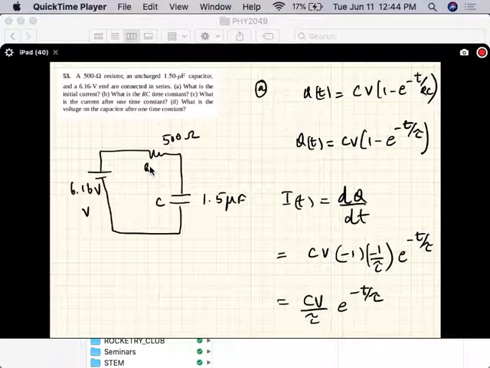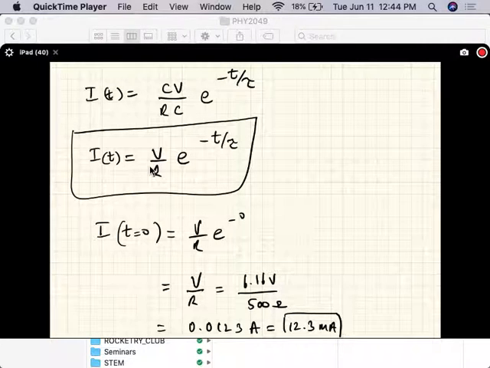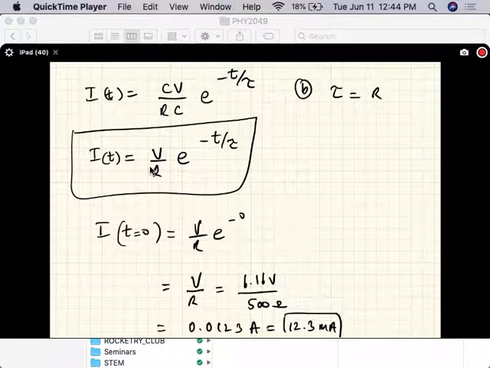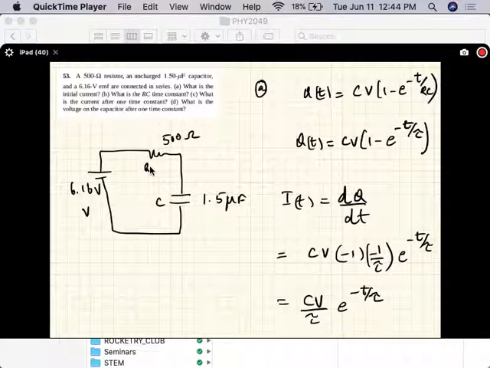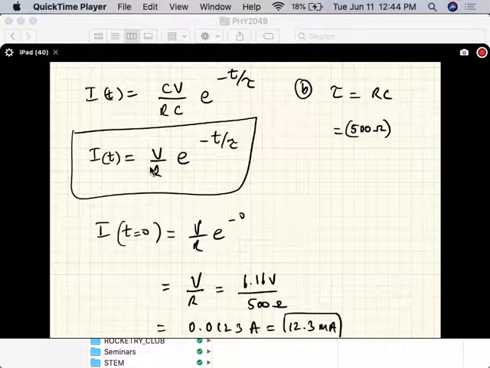Then part B says, what is the time constant? What is RC? Time constant is RC, which is 500 ohms times 1.5 microfarads.